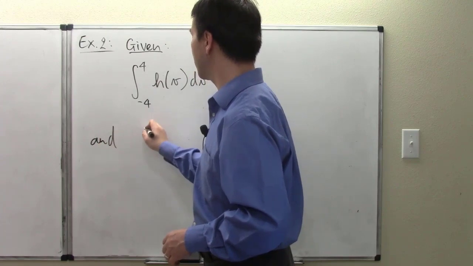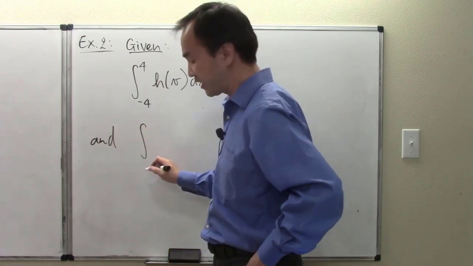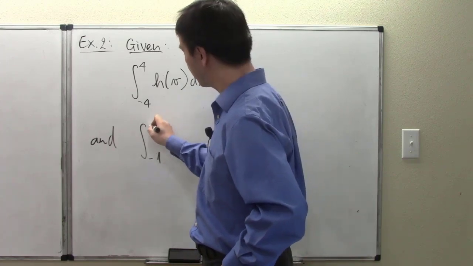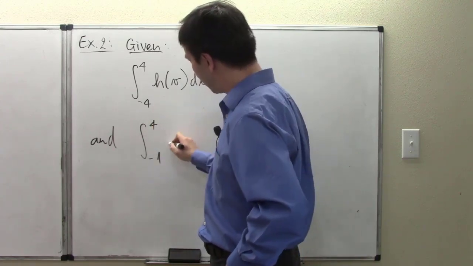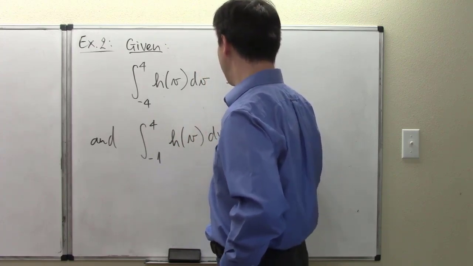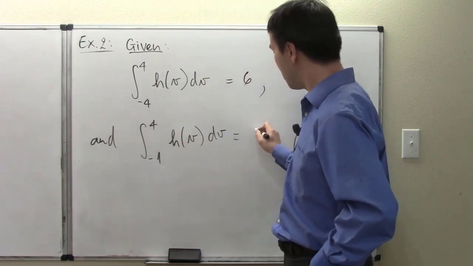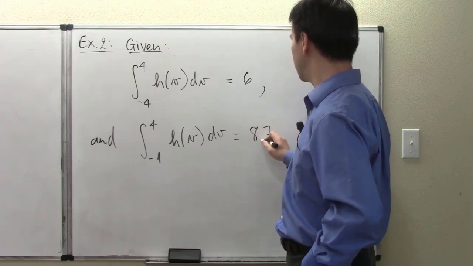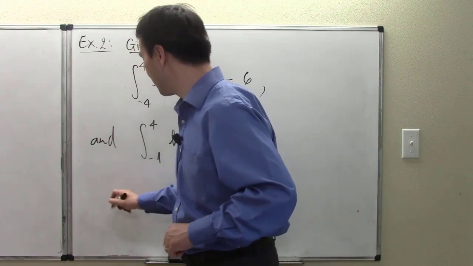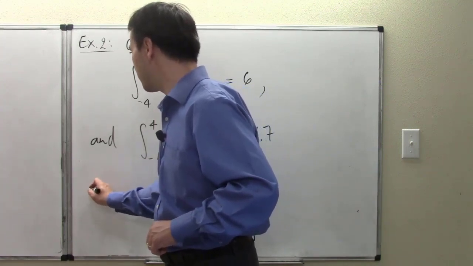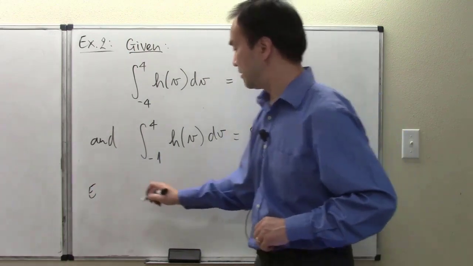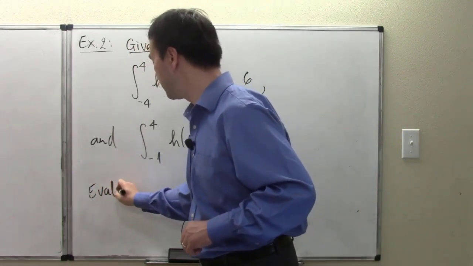In addition, we are given another integral from -1 to 4 of the same function h of v dv, and this was given to be 8.7. After the given information ends here, we want to evaluate.